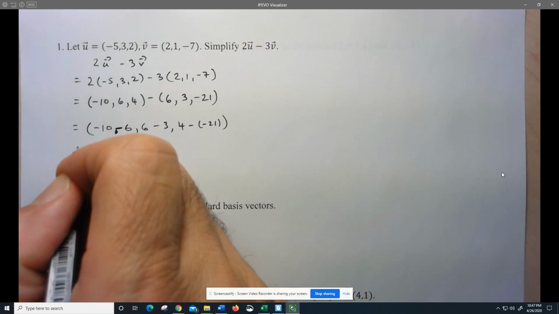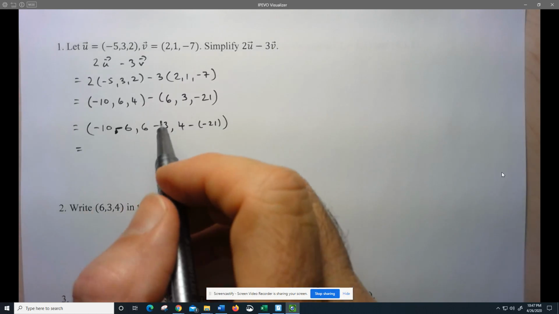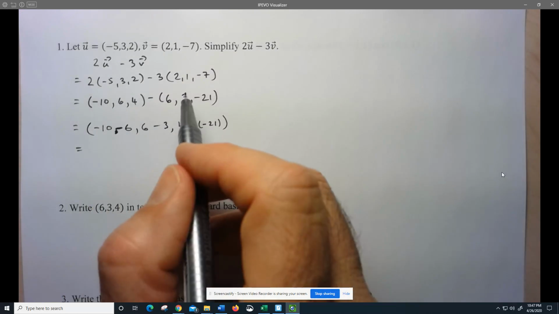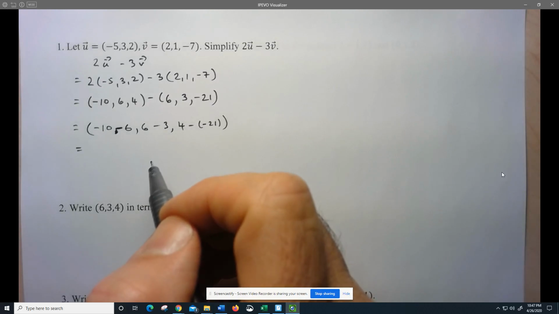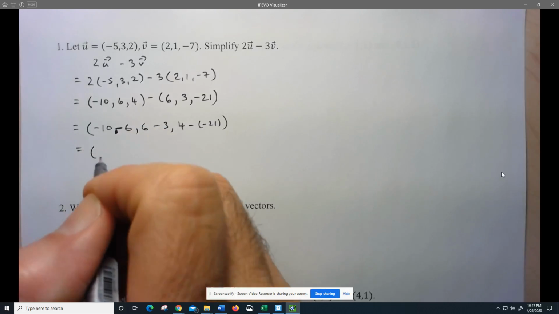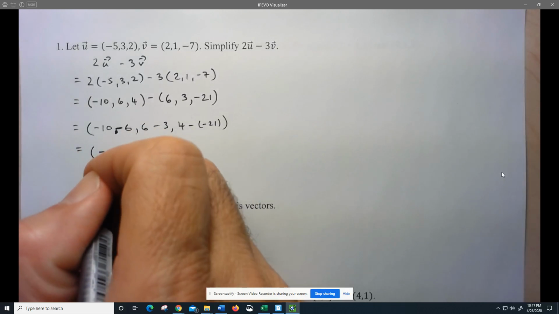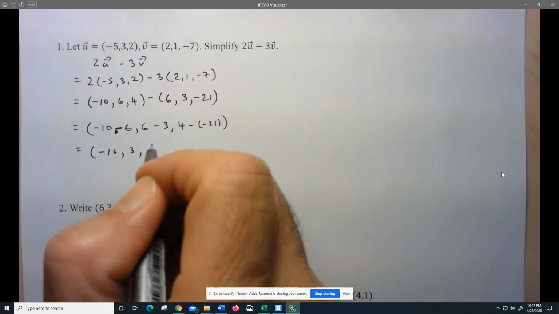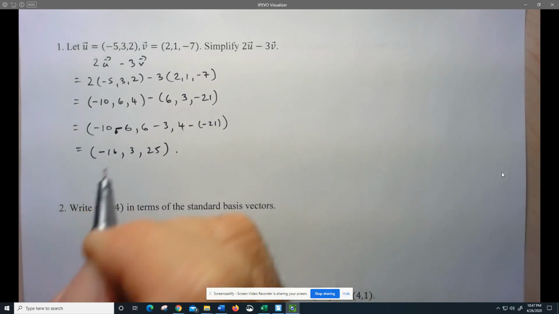We see here how much easier it is to do the subtraction operation using algebraic vectors than if we were working with geometric vectors as we did previously. So our final answer here will just be negative 10 minus 6 is negative 16, 6 minus 3 is 3, and then 4 plus 21 is 25.